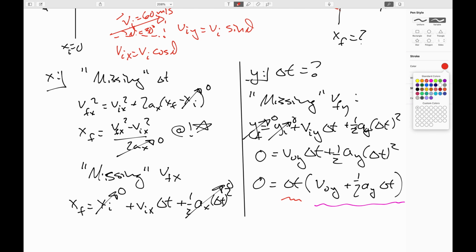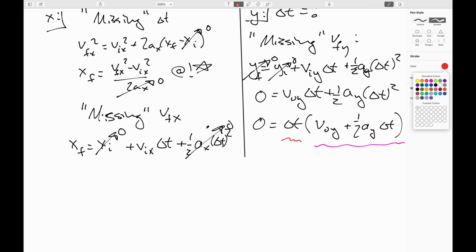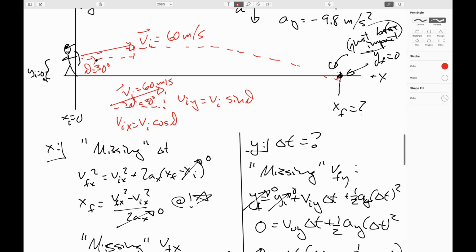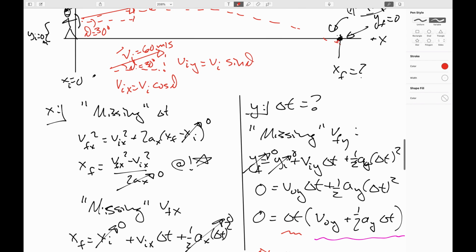The thing in red would give us delta T equals 0, which, while true, isn't useful. The reason it's not useful is delta T equals 0 corresponds to when I shot the arrow. So we know at time 0, the height is 0, because I gave us that little cheat to make the math easier. It's a true statement, but it's not useful.